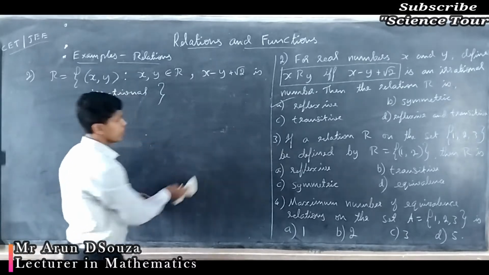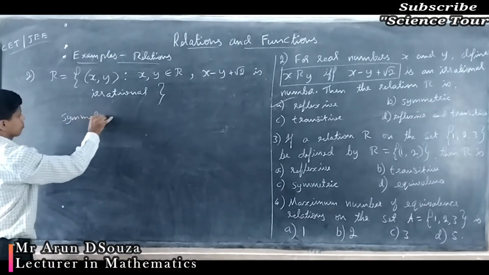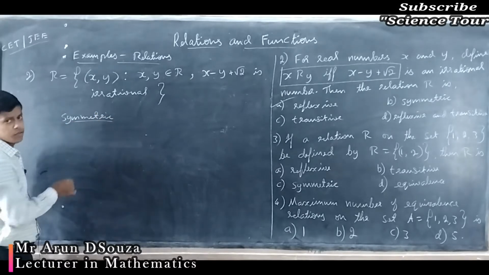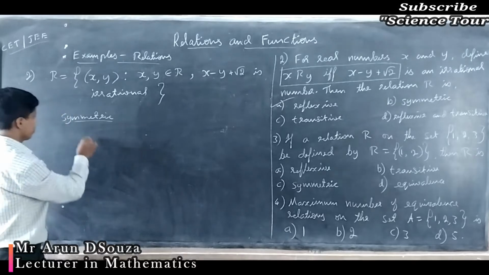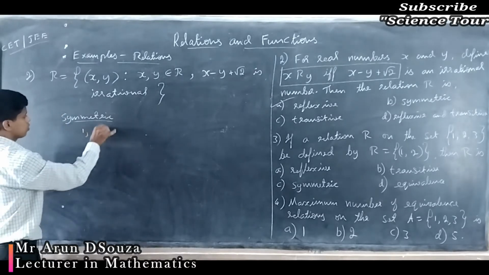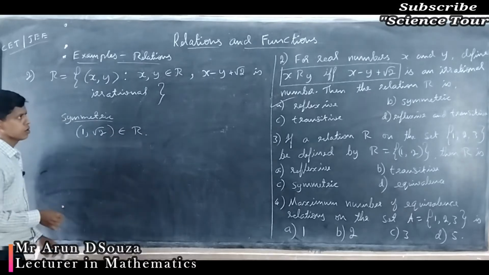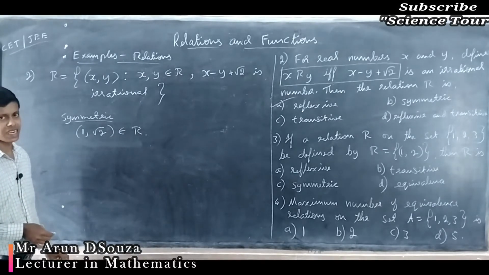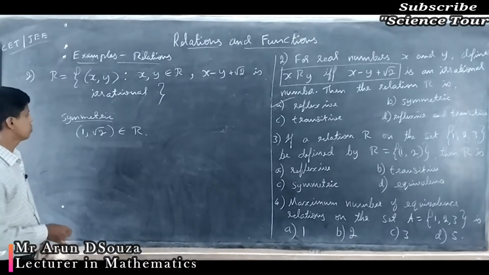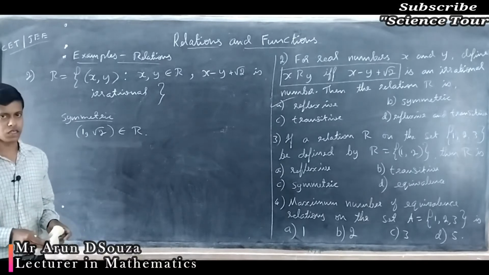Now what is symmetric? Symmetric means if (a, b) belongs, then (b, a) must belong. I'll give an example of (1, root 2). Does it belong? Is it irrational or rational?